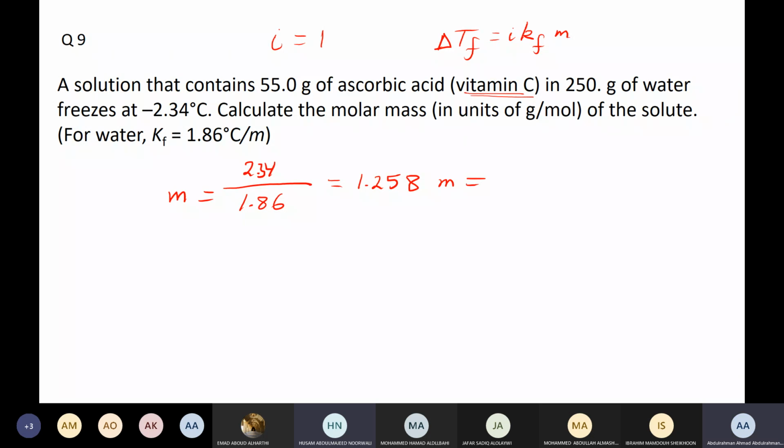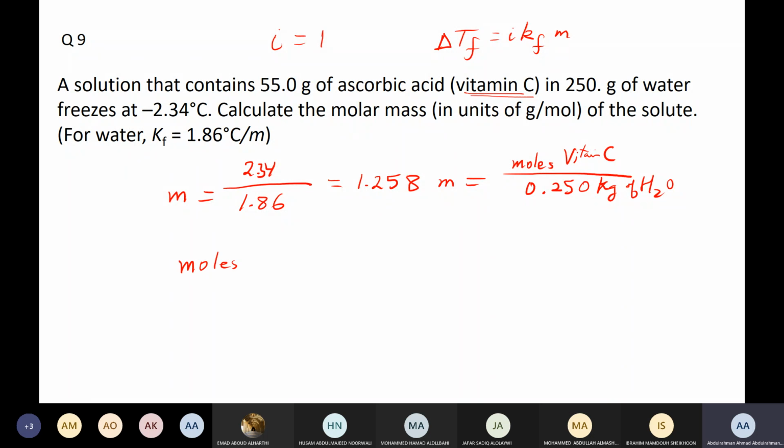This is equal to moles of ascorbic acid, vitamin C, divided by 0.250 kilogram of water. Then how many moles do I have in this sample?